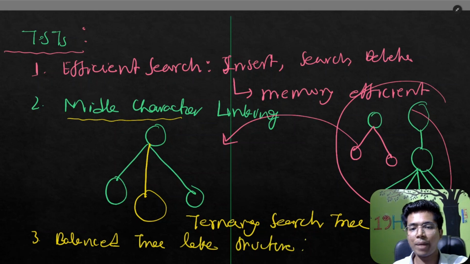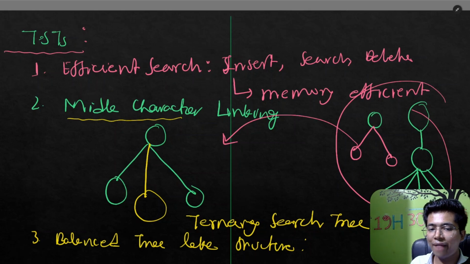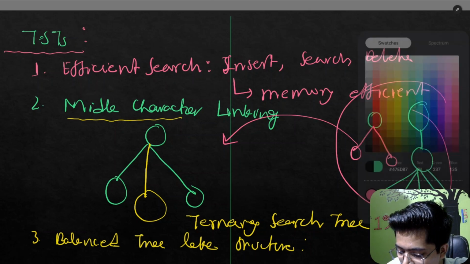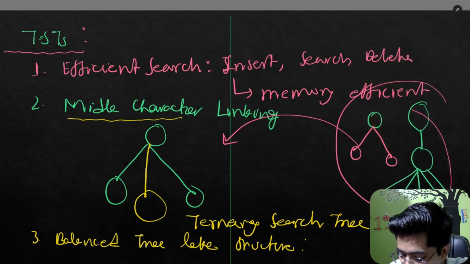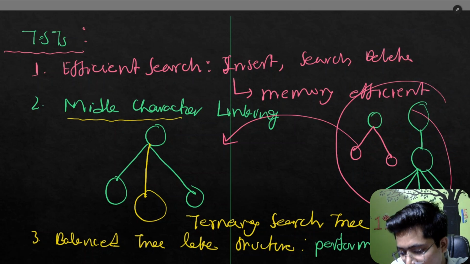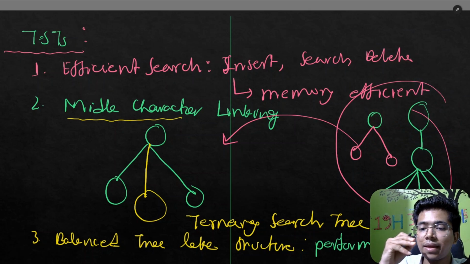You might be thinking, why a balanced tree like structure? Because it allows you to have the performance of a trie and the memory usage of a binary search tree. Tries are very much performing, so it utilizes the performance of a trie. Because tries are very fast, they only take a time of big O of m, that means a time equal to the pattern length.